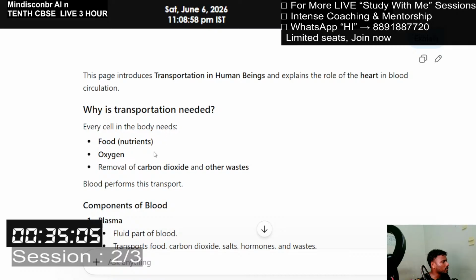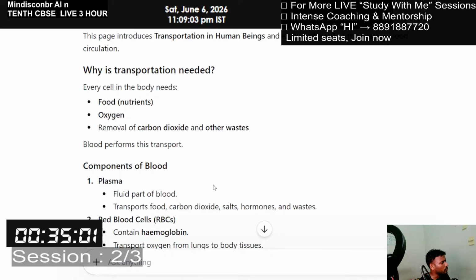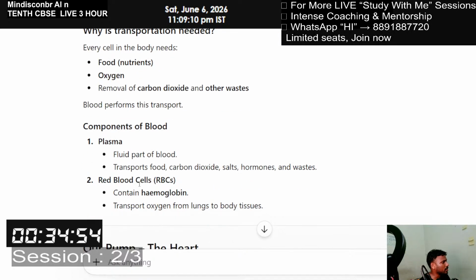So every cell in the body needs food, nutrients, oxygen, and removal of carbon dioxide and other wastes. Blood performs this transport. Components of blood: plasma and RBCs. Plasma is the fluid part of the blood. Through plasma, food, carbon dioxide, salts, hormones, and wastes are transported.